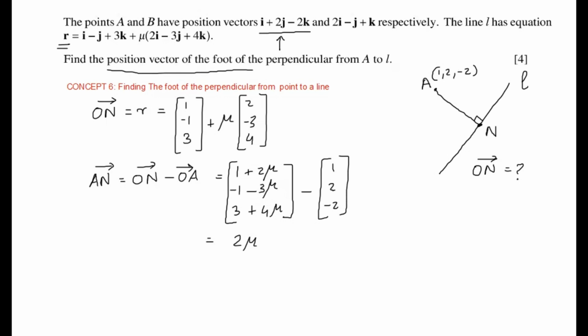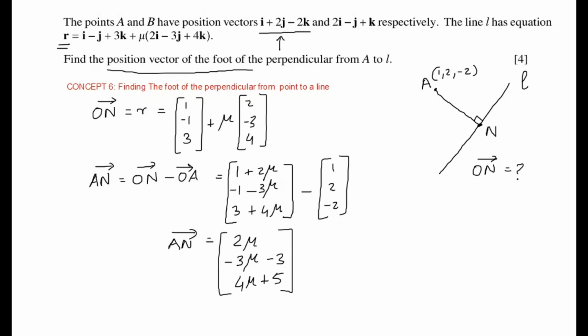Then minus 1 and minus 2 gives me negative 3 and negative 3 mu. And 3 minus and minus is plus, so 3 plus 2 is 5, plus 5 and 4 mu. This is AN. I'm just going to check that. So 2 mu, minus 3 mu, and 2 plus 3, 5. Yeah, that's correct.